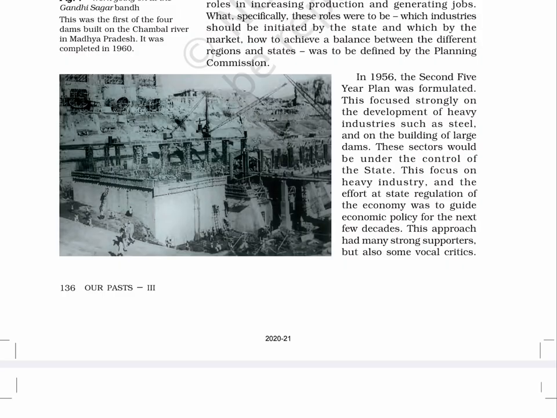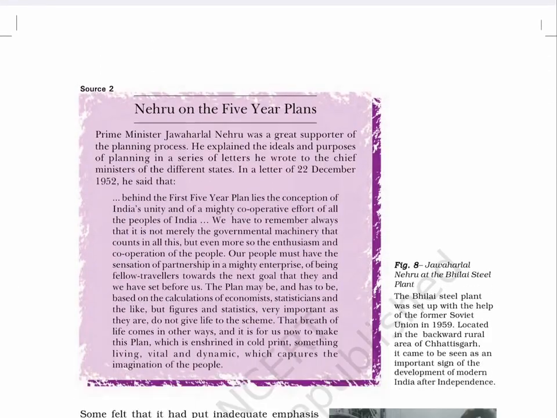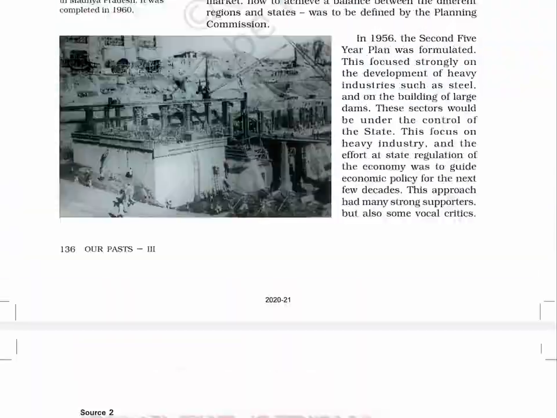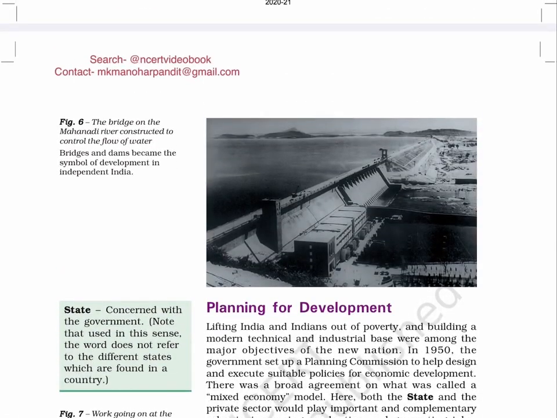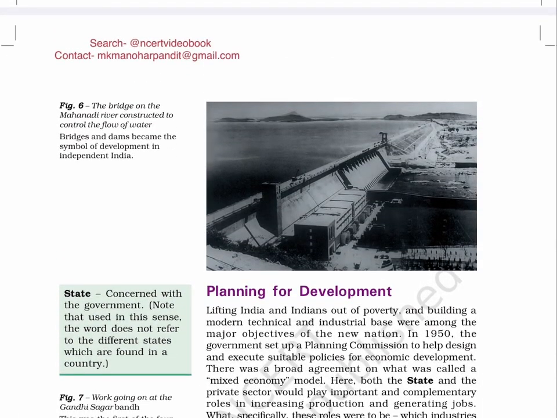This focus on heavy industry and the effort at state regulation of the economy was to guide economic policy for the next few decades. This approach had many strong supporters but also some vocal critics. Figure 6. The bridge on the Mahanadi River constructed to control the flow of water.